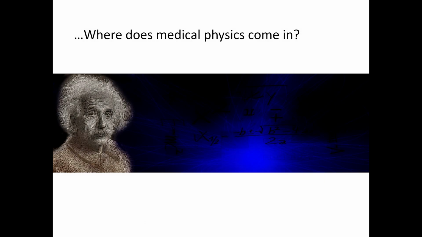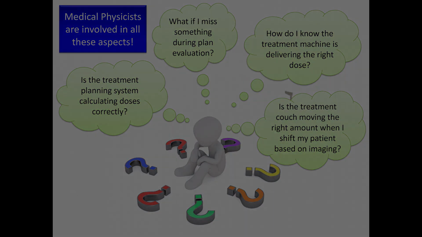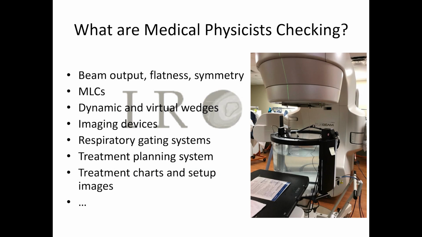So in all this, where does the medical physicist come in? In every single one of the aspects that thoughtful person was wondering about at the beginning of the presentation. So when you see medical physicists doing QA, the typical traditional QA that you would think about, they are checking everything that relates to the machine and that relates to how that machine is modeled into the treatment planning system.